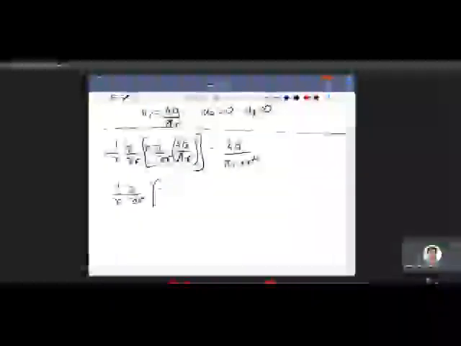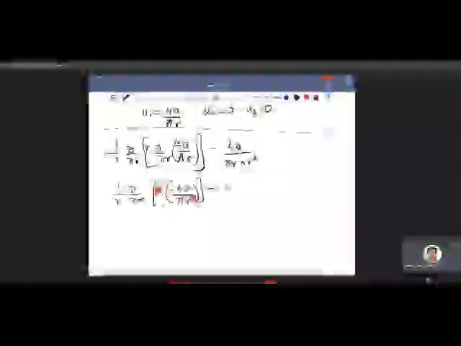I just skipped a step over there, so in fact I'll not do that. You'll get r into, what is the differential of this? You'll get minus 4q by pi r square. And we know that this r and this r square would get cancelled, minus 4q by pi r cube.